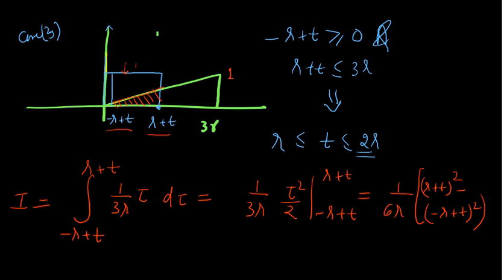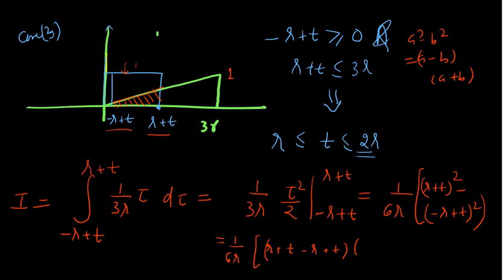A square minus b square is (a minus b)(a plus b), so you will use that here. 1 upon 6r, (r plus t) minus (minus r plus t), that is a plus b we have used, and now a minus b.